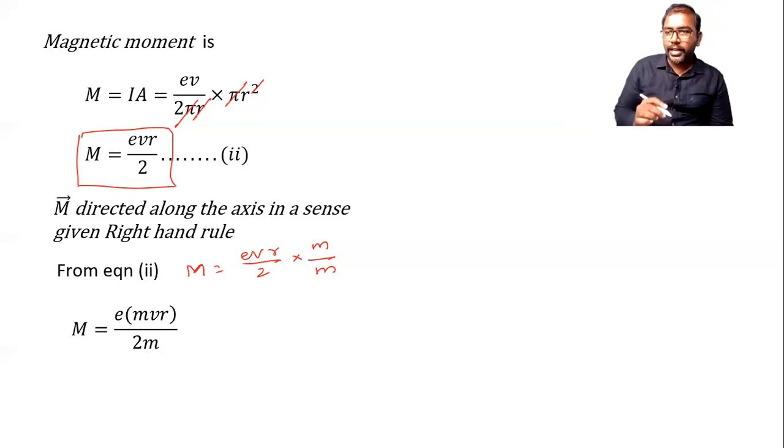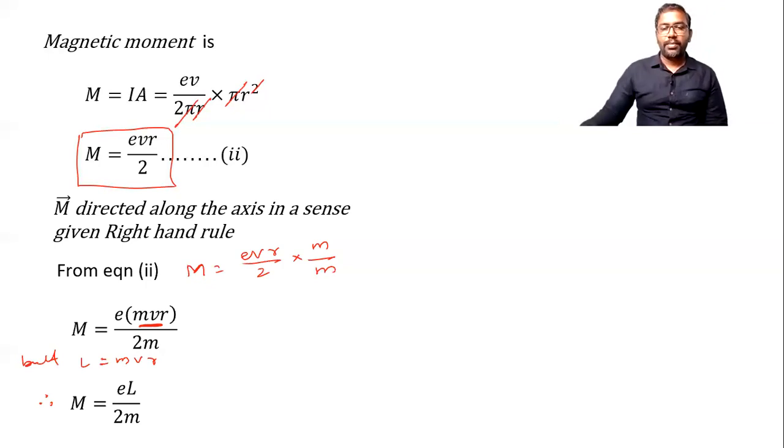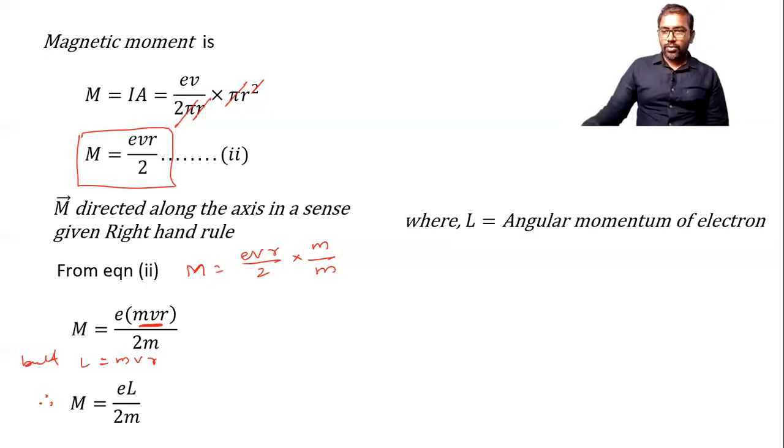And this mvr is the angular momentum, which is represented by L. Here L is equal to mvr. Hence, this dipole moment we can write as eL by 2m. Here L is the angular momentum of the revolving electron.